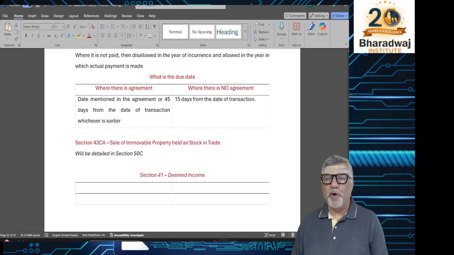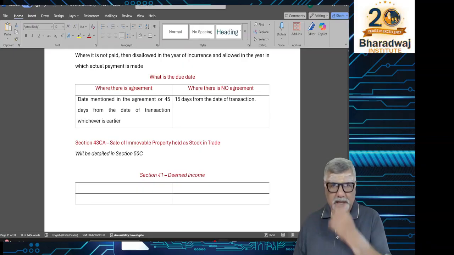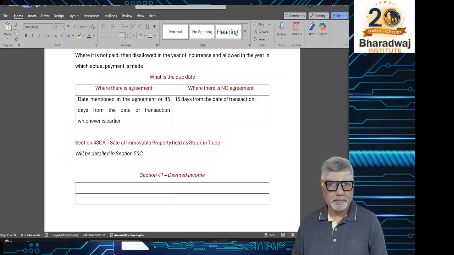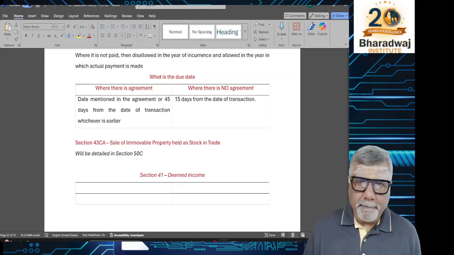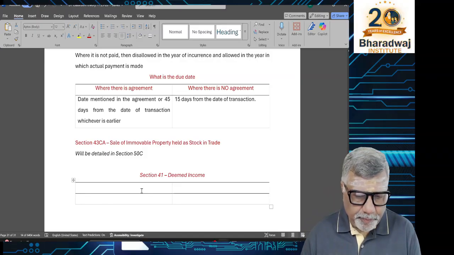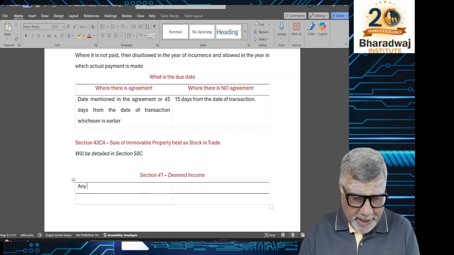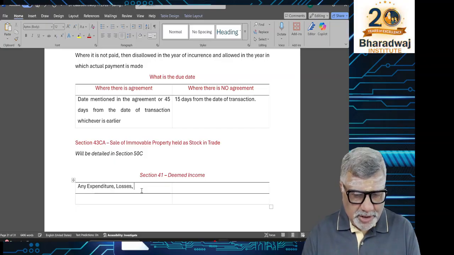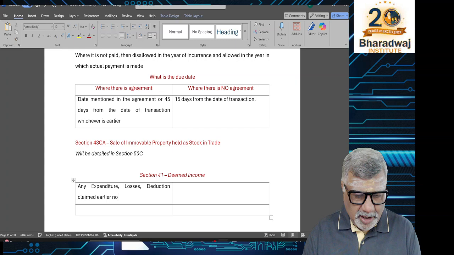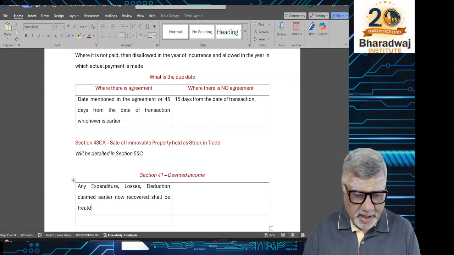Any expenditure, losses, deduction claimed earlier, now recovered, shall be treated as business income.